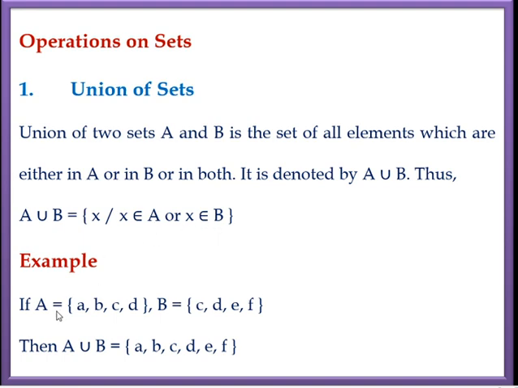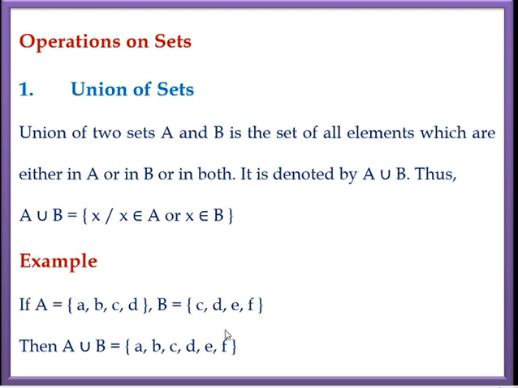Example, set A is {a, b, c, d}, set B is {c, d, e, f}. What will be A union B? Simple working rule is first write all elements in A, then consider elements in B which are not written, because in a set one element is to be written once only. C and D are already written, so I will not write them again.